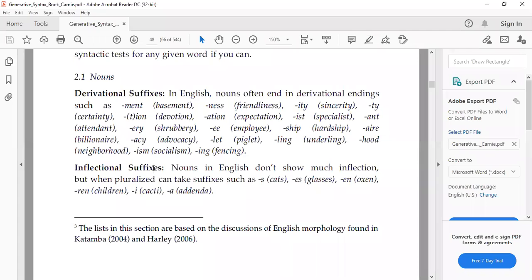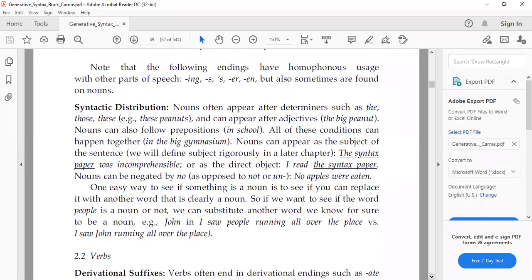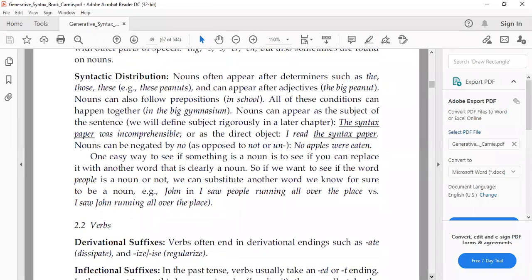So this is for the morphological distribution. The other one, which we are interested in here in syntax, is called syntactic distribution. What does it mean?